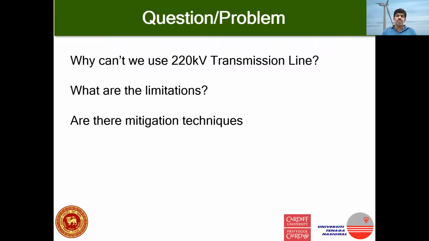So CEB does not have the expertise or the experience of working with such high voltage lines. So why do we want to get into a new territory, which is unknown to us, if we can live with the existing territory? That was the immediate question which comes to somebody's mind.